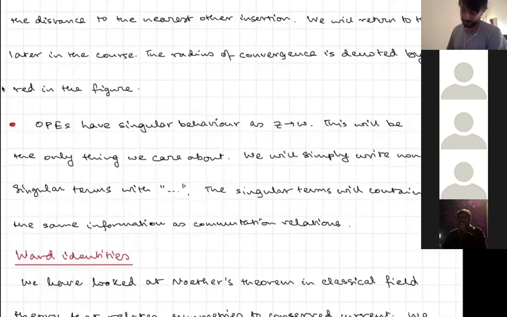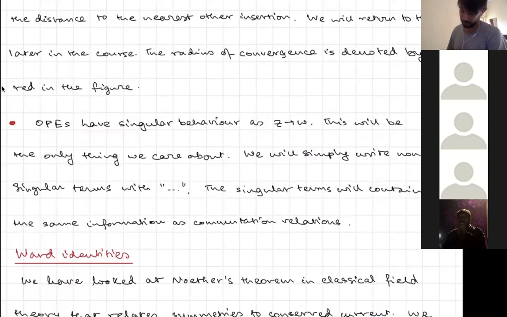As you can understand, these OPEs will have a singular behavior as z goes to omega. And interestingly enough, this is the only thing that we will be interested in. For the rest of the terms which are not singular, we will just put some dots, and the singular terms will actually have the same information as this.